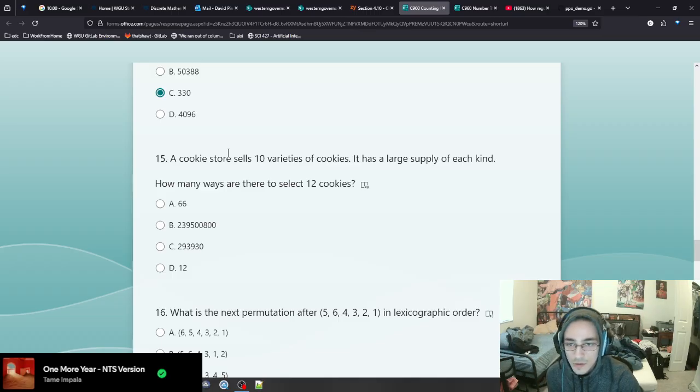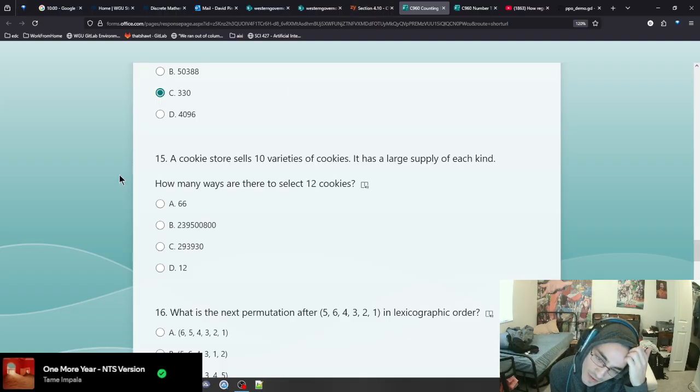330. Alrighty, so cookie store sells 10 varieties of cookies. It has a large supply of each kind. Okay, how many ways are there to select 12 cookies? Why does it matter if it has a large supply? Are they just saying there can be a large number of them? Like it doesn't matter how many... Okay, so I think I know what's happening here.